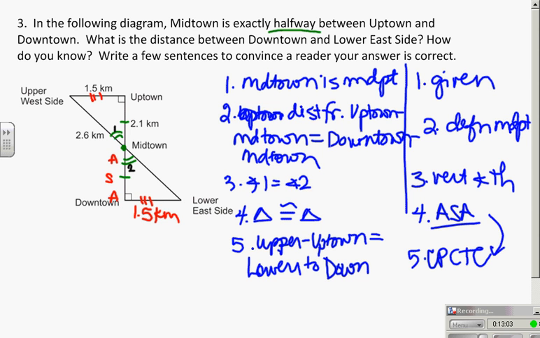And that is essentially true by CPCTC because I prove them congruent, then I get their corresponding parts. So my distance is 1.5. Again, a paragraph or a tweak on a formal proof would work great here. That ends our lesson and is the last two congruent statements for triangles.